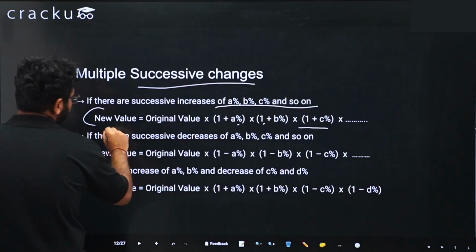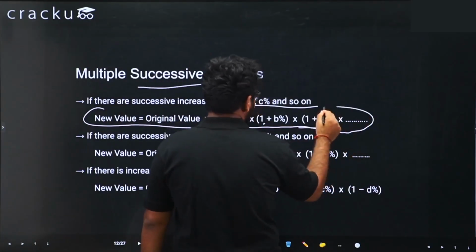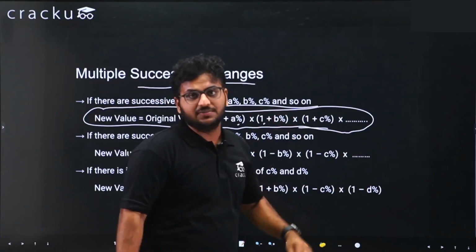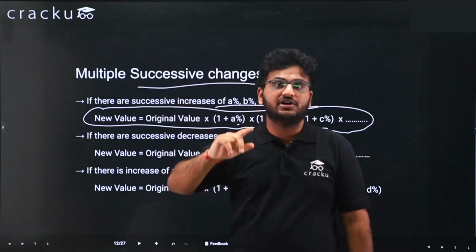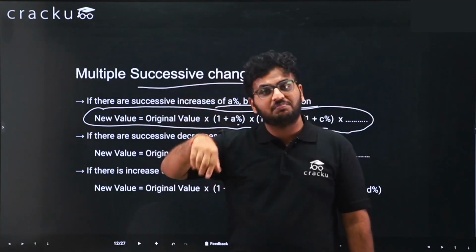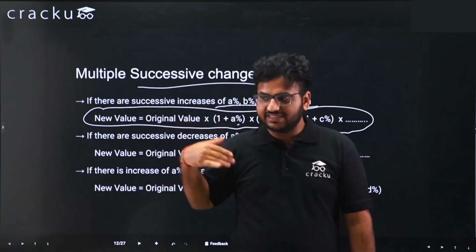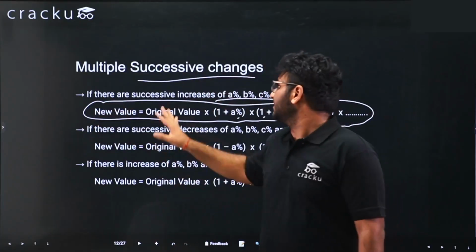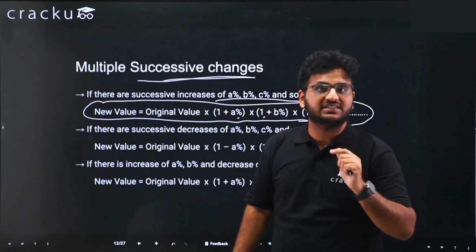Do you remember originally we learned that new value is equal to old value into 1 plus increase percent or 1 minus decrease percent? So this is the same formula. It's just that there are successive changes; in that there was only one change.